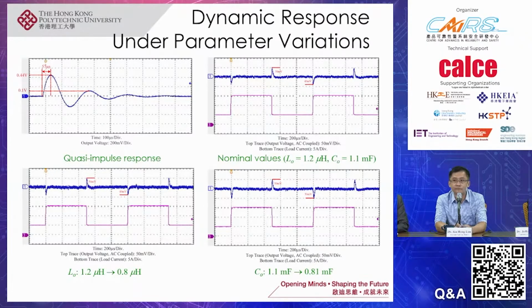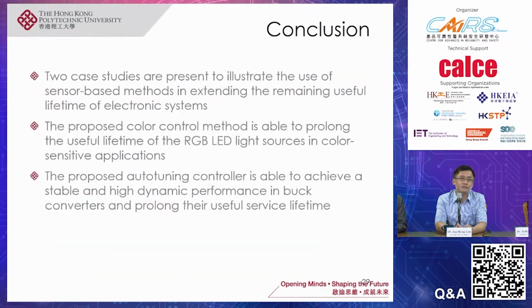That means we can maintain the closed-loop performance of the buck converter despite serious degradations of the inductors or the capacitance due to aging. In this sense, we're able to extend the remaining useful life of the buck converter by quite a large margin, by tuning our controller in response to the change in the component values.